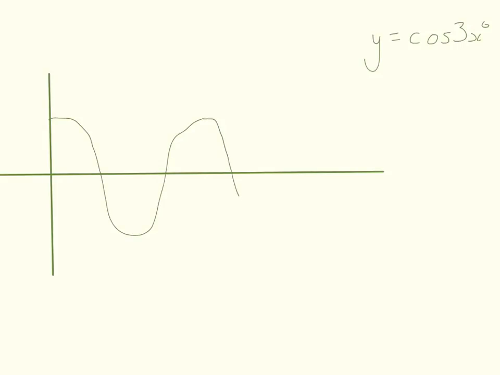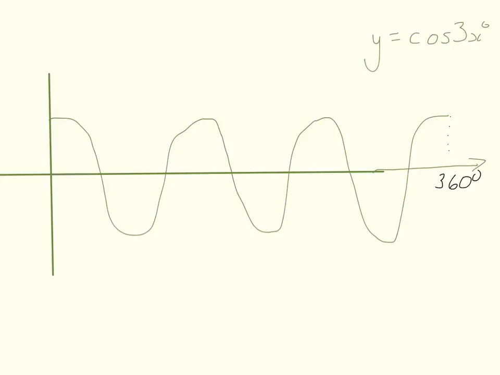1, 2, 3. I'm just going to extend my graph. So my first cycle of cos to here, my second cycle to here, my third cycle to here. So this point here is 360 degrees.